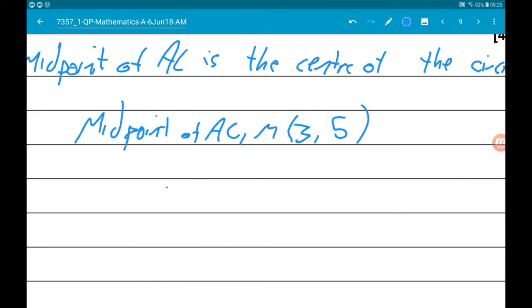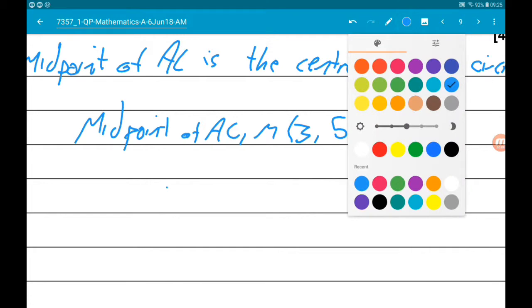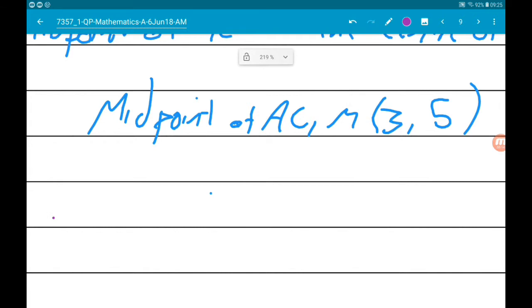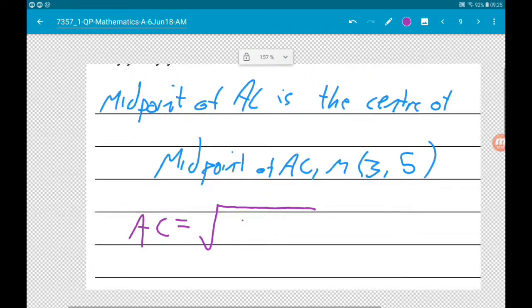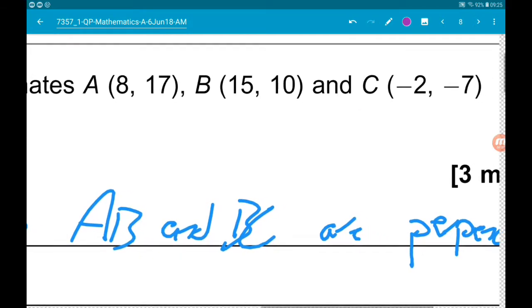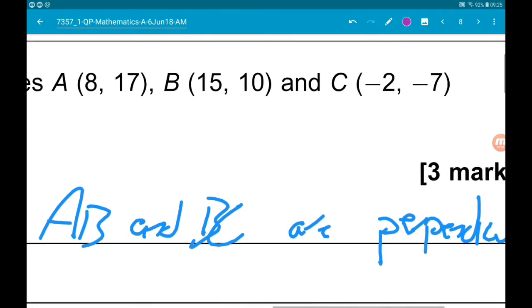Okay, next up then, let's find the length of AC, which is the diameter of the circle. So, AC is going to be the square root of, let's see, what's the length along x? 8 and minus 2 have a difference of 10.